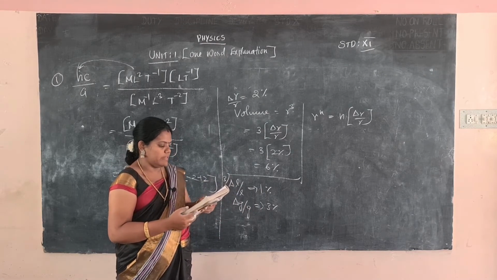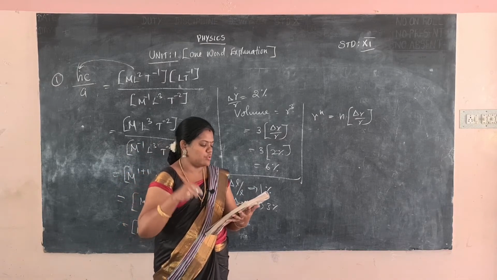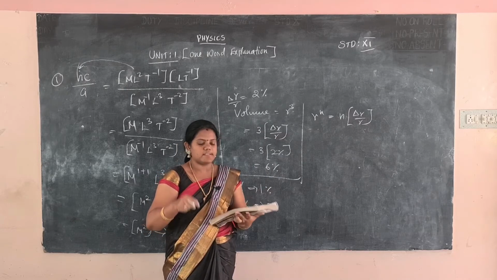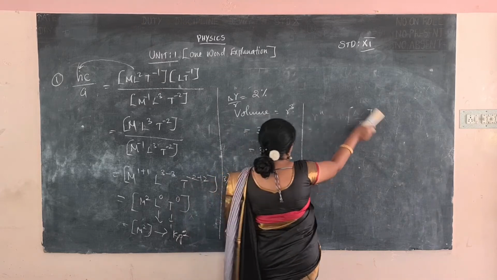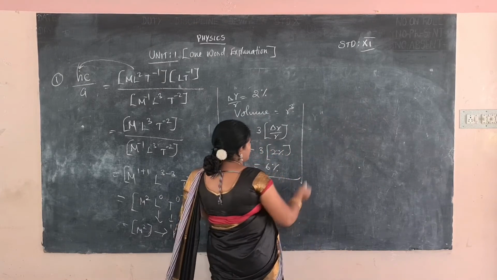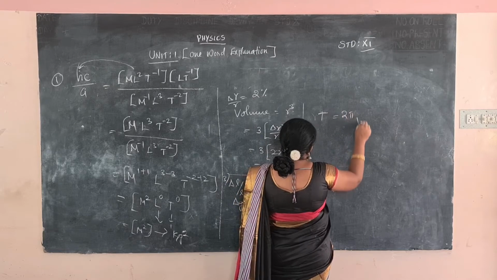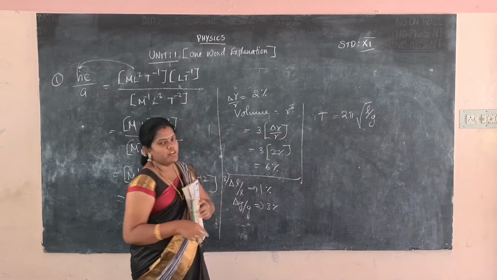In your book it will be given. So we want to find the error in the measurement of acceleration due to gravity. What's the formula for time period of a pendulum? Time period T is equal to 2 pi root of L by G. This is the formula for the time period of a pendulum.